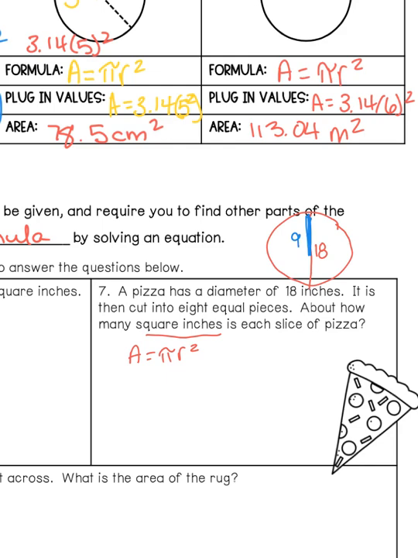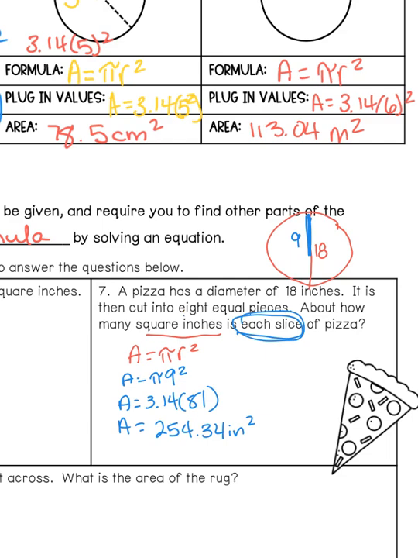So to find my area, I'm going to say area equals pi times 9 squared, which, what is 9 squared? 81. So I'm going to say A equals 3.14 times 81, and that means area is 254.34 square inches. Okay, now that doesn't actually answer my question, because my question says about how many square inches is in each slice.